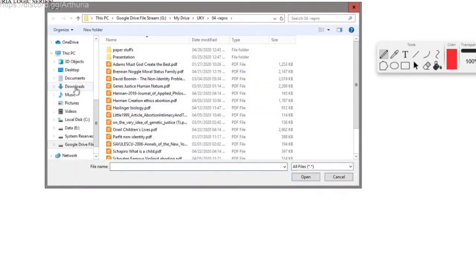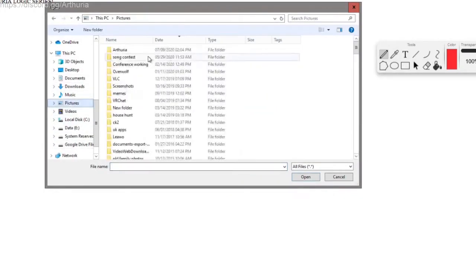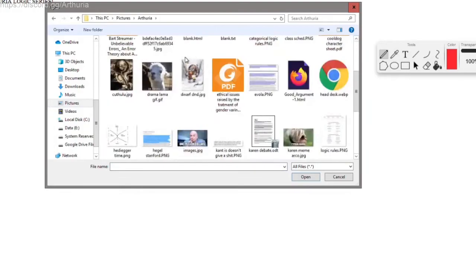It's the Bible for this course, and if you look at the top part of it, you'll see all the different truth tables. I'll just go ahead and pull it up.